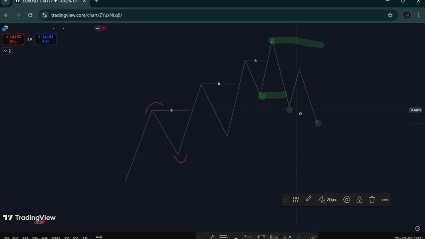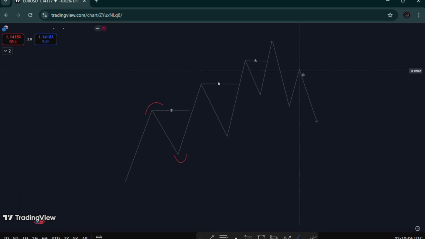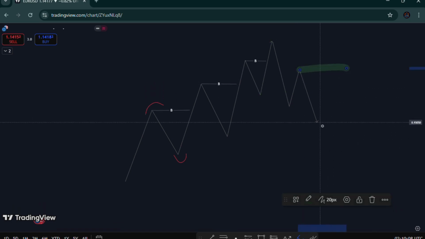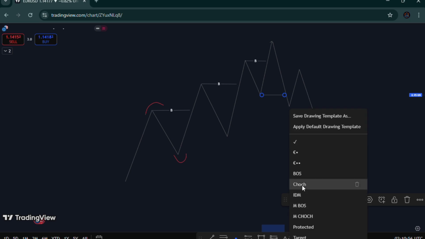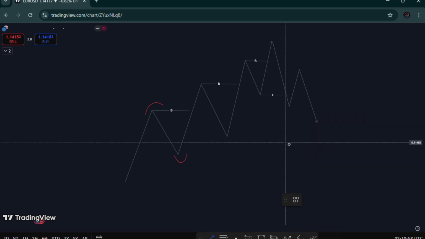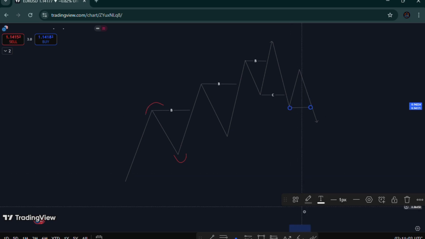Now our swing structure will now be from this high to this low. Once this low is confirmed broken, we are now shifting our focus from bullish to bearish, and this means that sellers are now in control of the market.